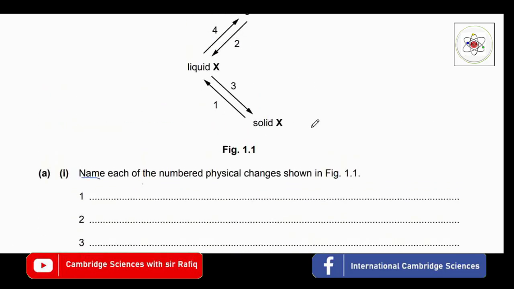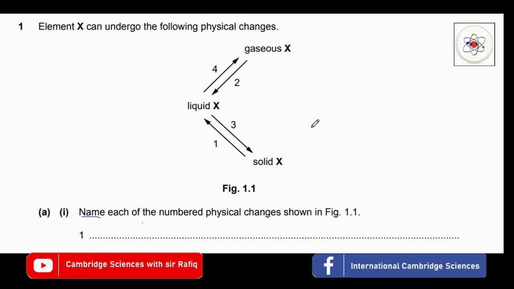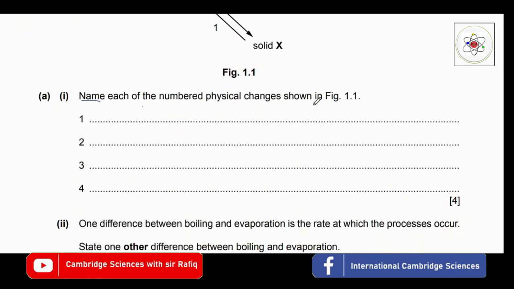Let us look at the diagram. Number one is melting, where solid is changing into liquid, and number two is condensation, and number three is liquid changing into solid, which is freezing, and number four is liquid changing into gas, which is boiling.